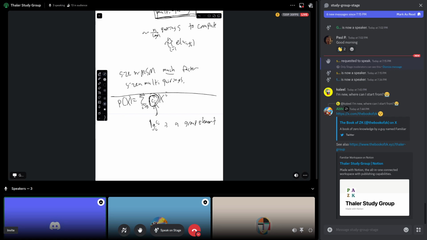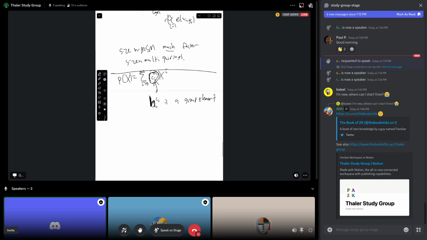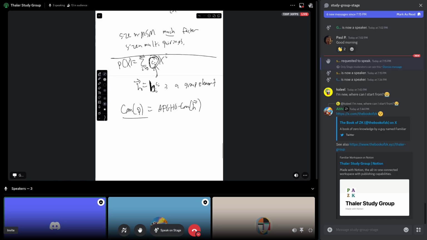Maybe I should call it h_i to the c_i. And you could AFGHO commit to these, defining the commitment to this polynomial to be the AFGHO commitment to this vector of group elements. This is one way we could use the ideas underlying Dory to get a polynomial commitment scheme. I won't go into why it would be helpful to turn these numbers into group elements.